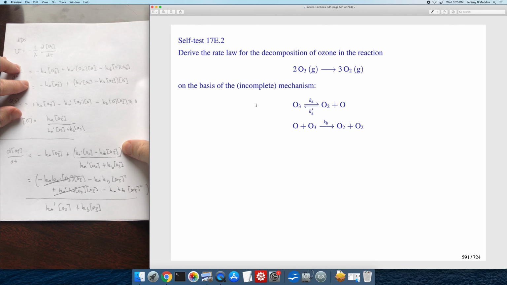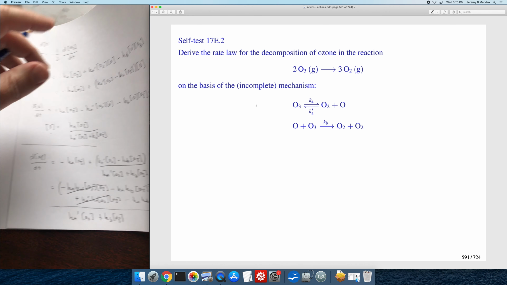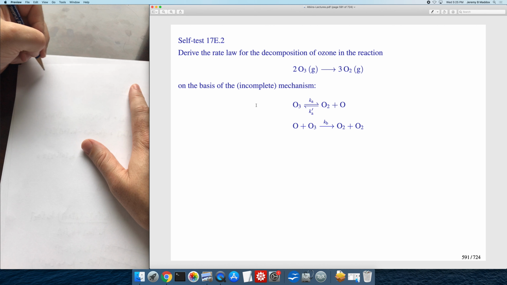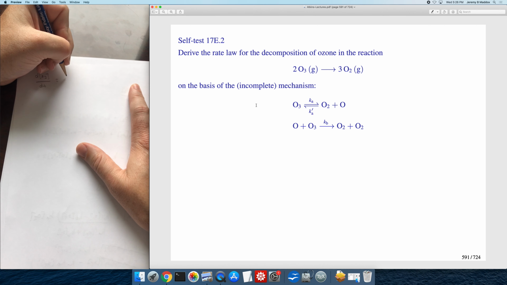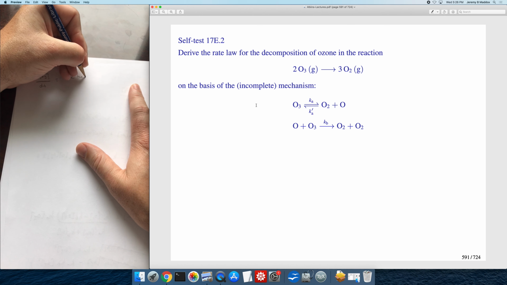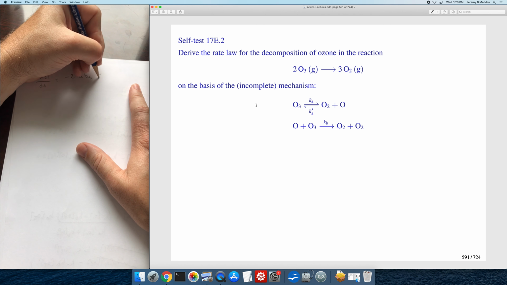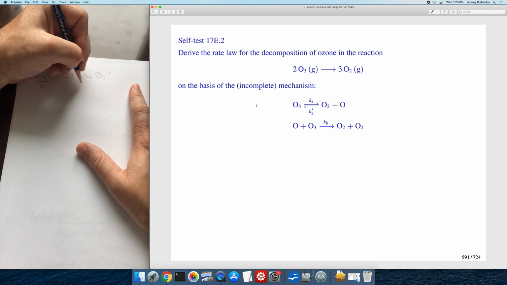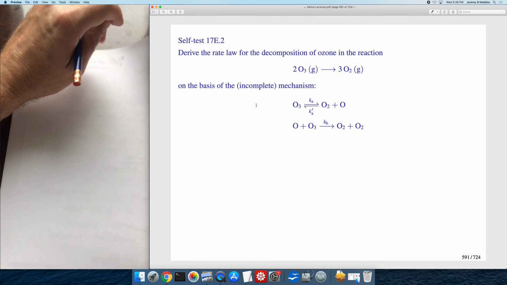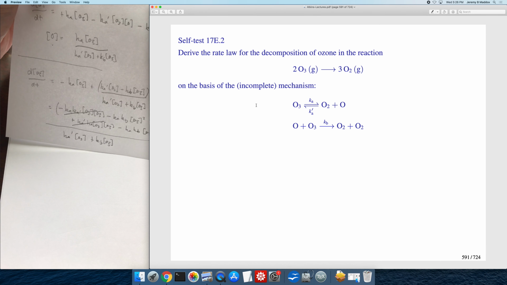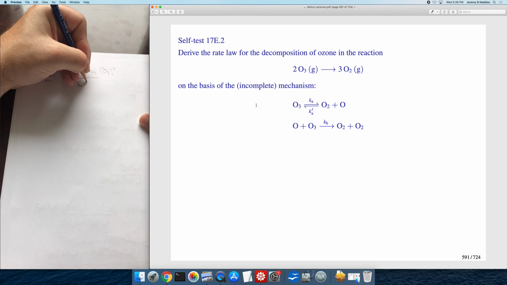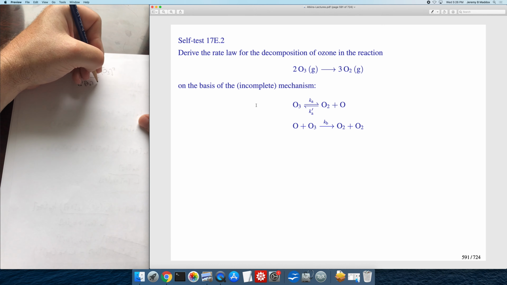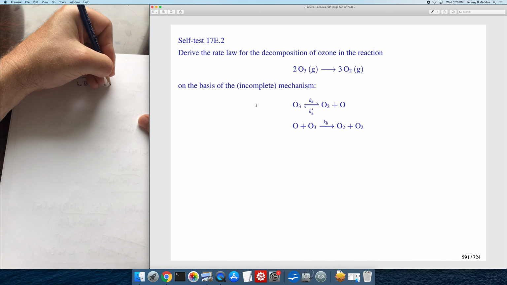So we're going to have minus, looks like minus 2 Ka Kb O3 squared, and then I'll never remember the denominator, Ka prime O2 plus Kb O3.